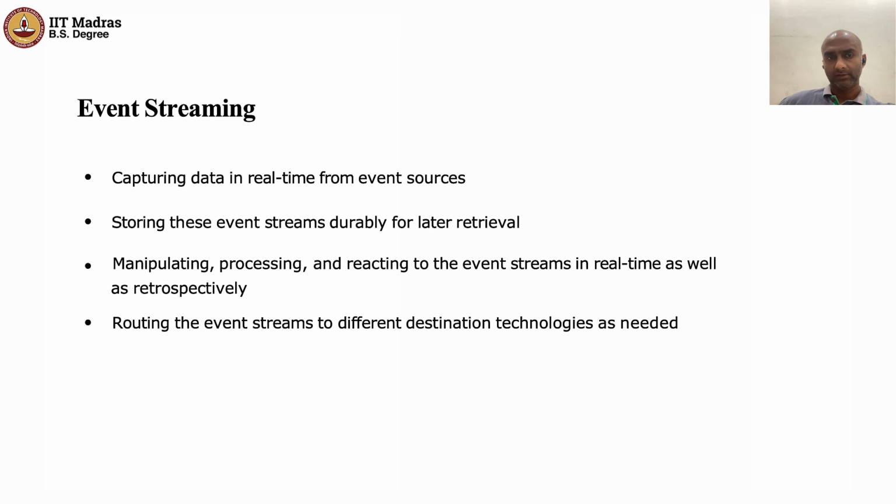So that's also possible. Then finally, as and when the events become available from the source system and get captured and stored, there could be many consumers of that data as is, without manipulation, without processing, and sometimes with processing, doesn't matter. But various different types of consumers which have their own different consumption patterns could be requiring access to it. So that's also part of the event streaming capability that you need.